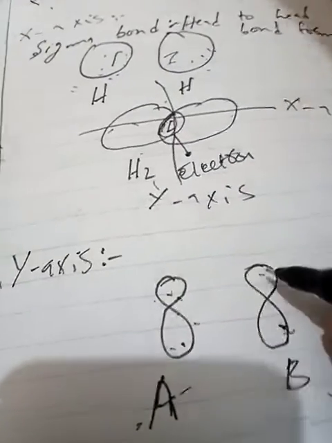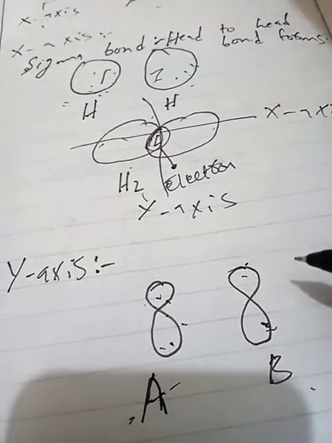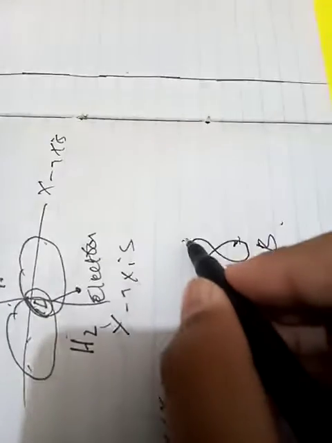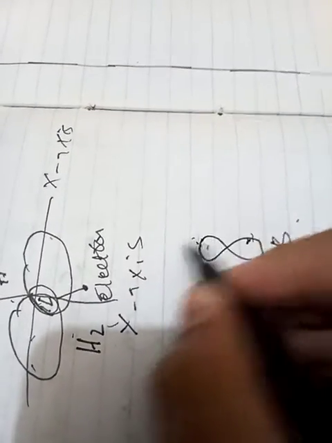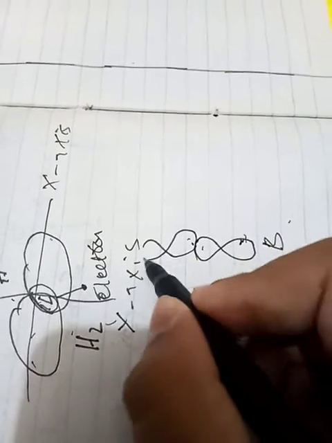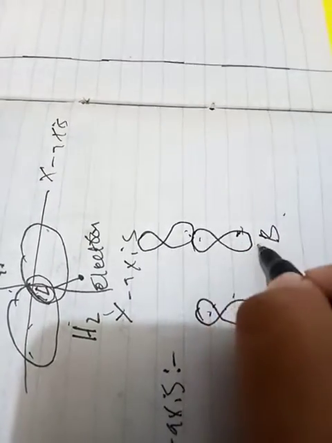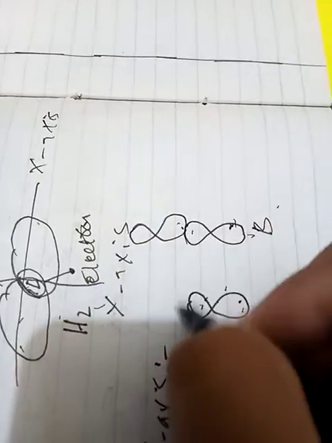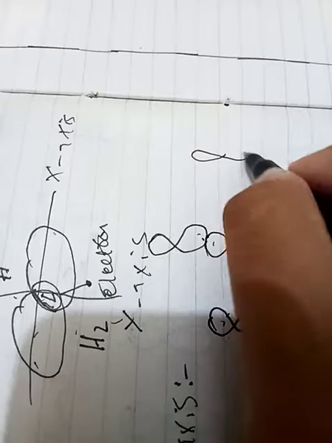But I want to clear one thing here: they are already in a sigma bond, like this, and this is not over the x-axis or y-axis, they are on the x-axis. If I draw like this, for example, this one is this one, and this one is this one.